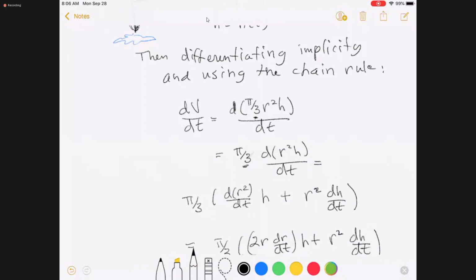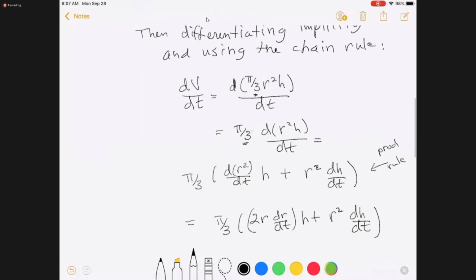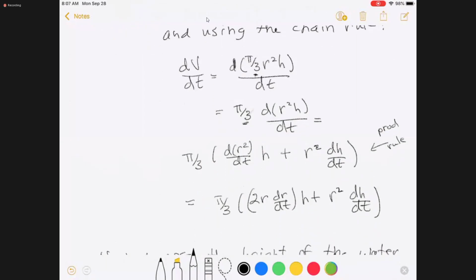So the product rule says that the derivative of r squared h is the derivative of r squared with respect to t times h plus r squared times dh/dt. This is just the product rule. Well, I still have, instead of just r, I've got r squared in there that I need the derivative of, but that requires a chain rule. But I have a function squared.